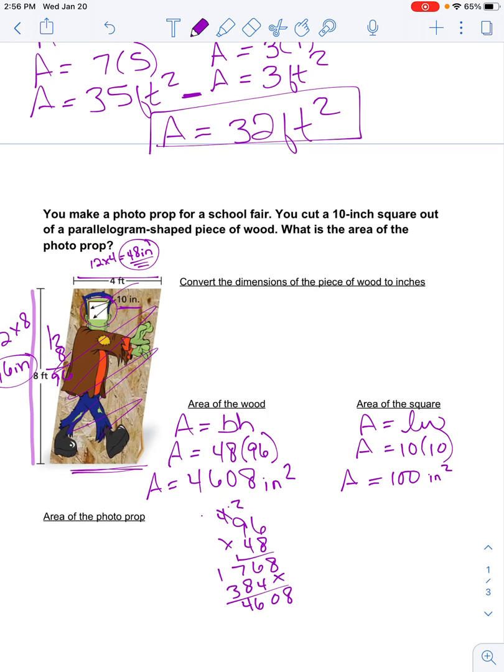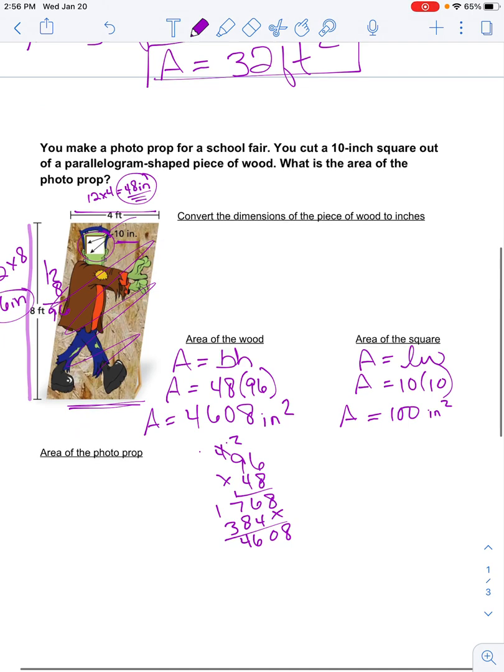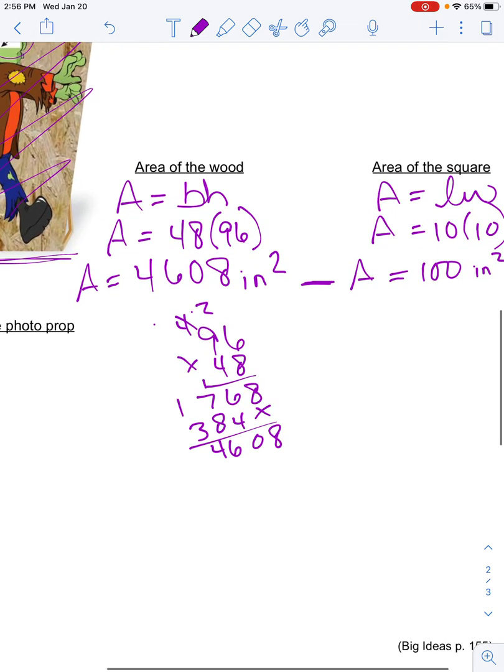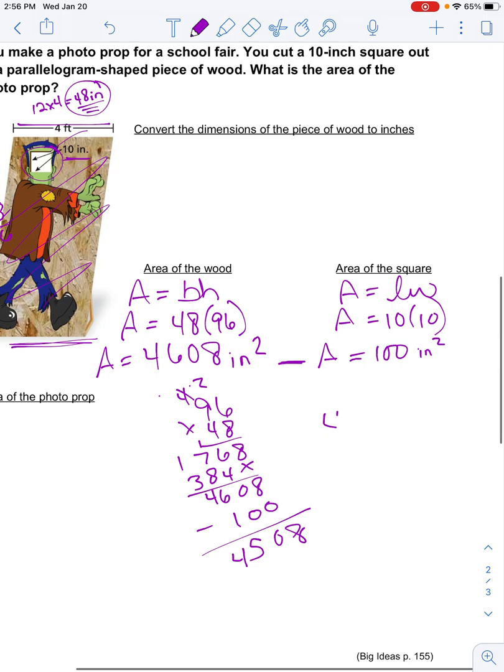So what is the area of the photo prop without that square in there, because it's not shaded in? There's a hole missing from it. We have to subtract it out. So if we subtract 100, we have 4,508 square inches is the area.